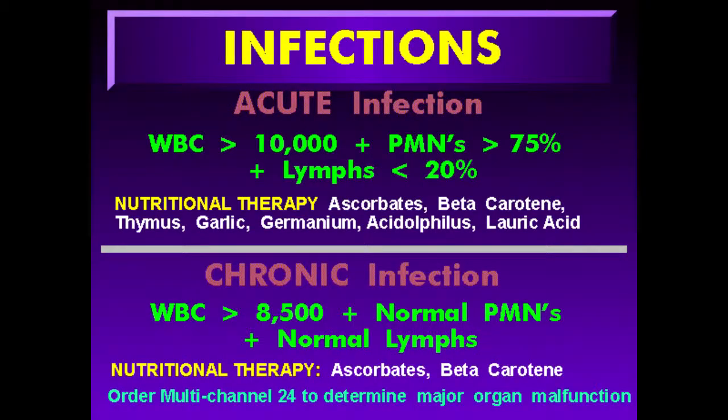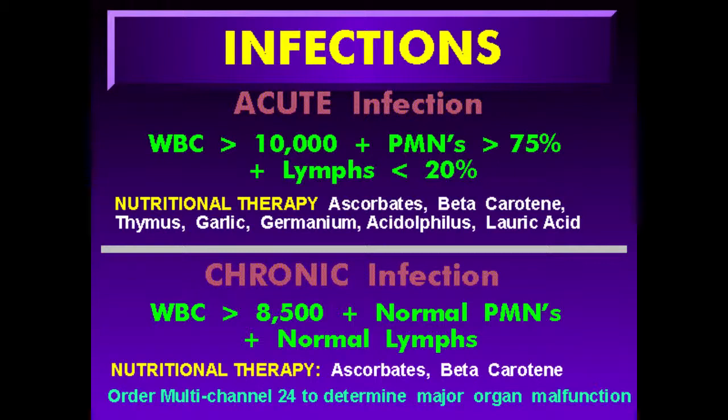Acute infections should be considered when the white count exceeds 10,000 cells, and the polymorphonuclears, or SEGs, are greater than 75%, and the population of lymphocytes is less than 20% on the differential.